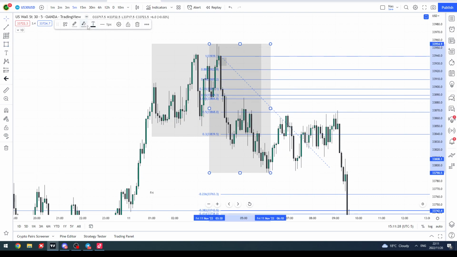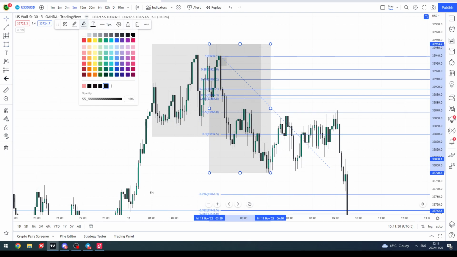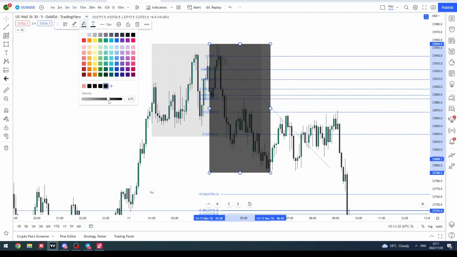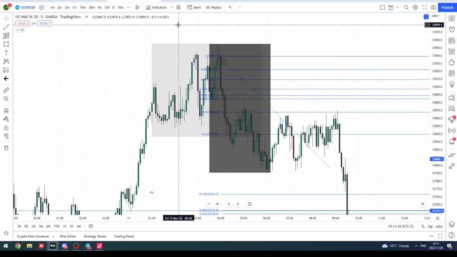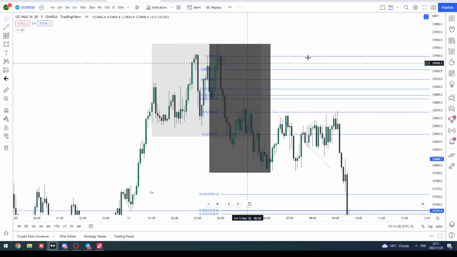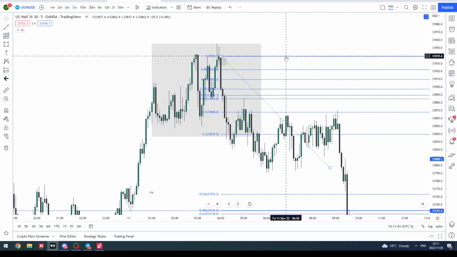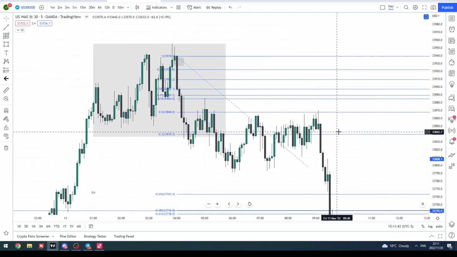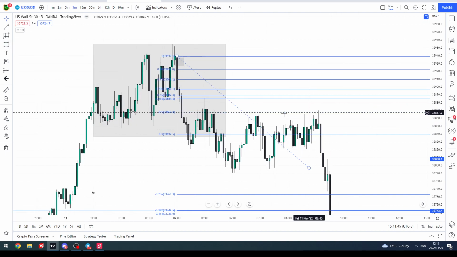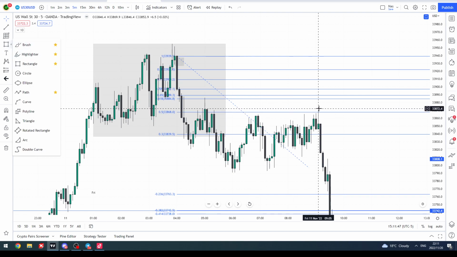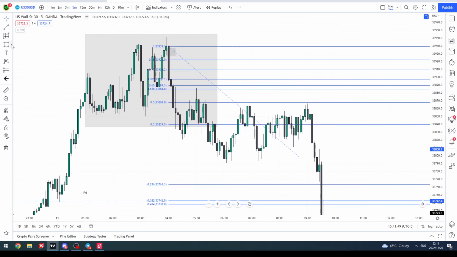Consider this one long candle here. Let's try and make that a bit darker, right? Say that was one long candle. So what you then do is pull from body to body and look for the 50% of that, which is here. There you go. And that's your sell.